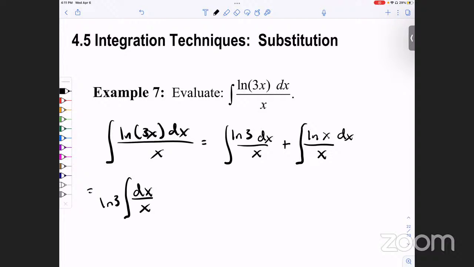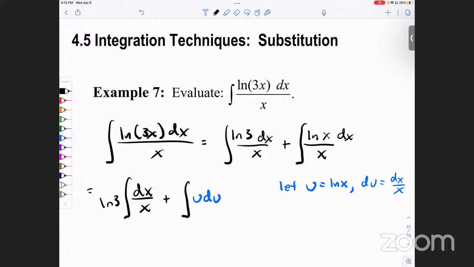And if we let u be the natural log of x, so let me put plus, and then over to the side, I want to say let u be the natural log of x, so then our du is going to be what? Dx by x, right? So let's make that substitution. So then this is really u, and then the dx by x was the du, right?